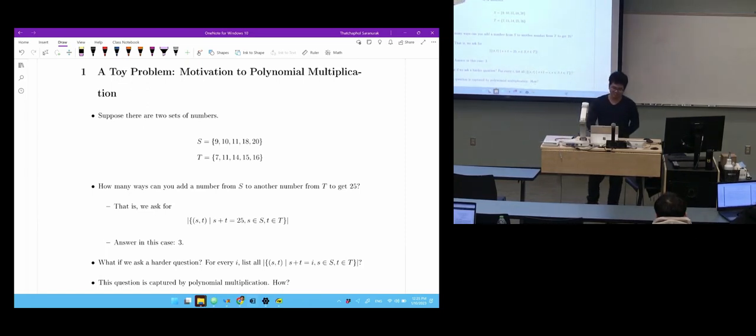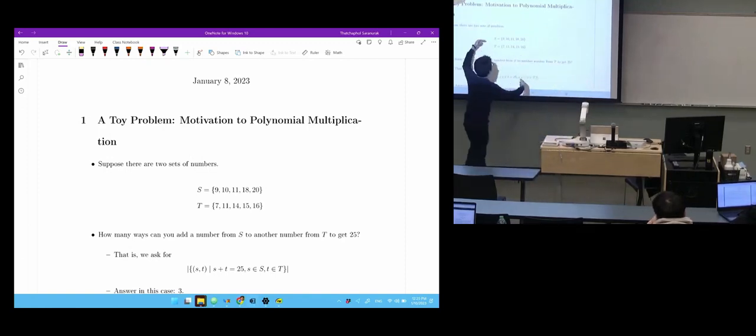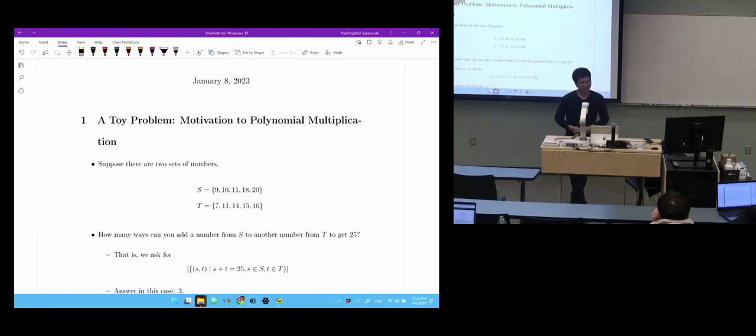That's a simple way to think about this. Start from a pointer on the beginning of S and a pointer on the end of T, and any pairs that are going to add up to some fixed number move in this direction. You know what to do. Or do it as an exercise.